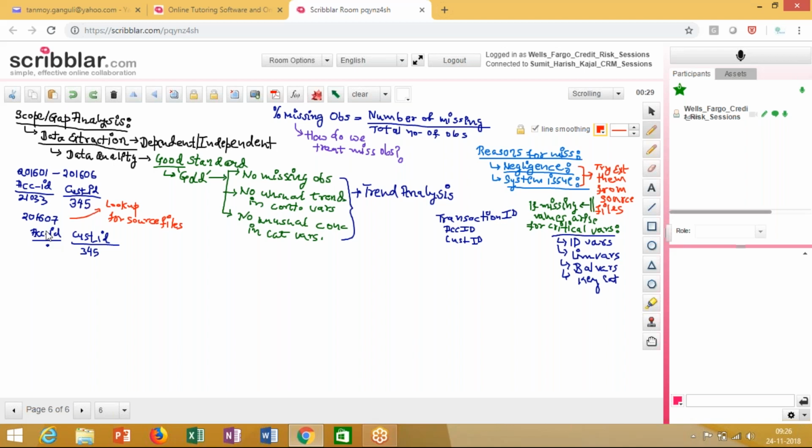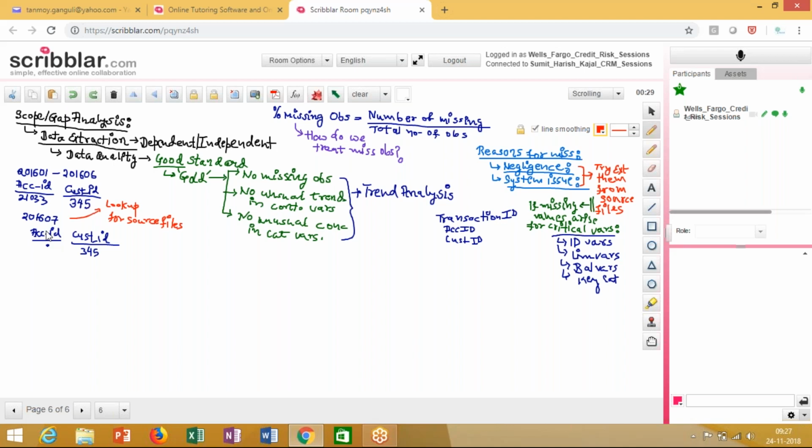When I'm doing this upgrade, the account ID may change, and there, due to system issues, there may be a lack of reflection in a given month. Say basically, the time when I extracted the data, that information was not there. But the information was updated later on. So at that point of time, the account ID may go missing because of system issues, right? So in such a case, the source file needs to be looked up.